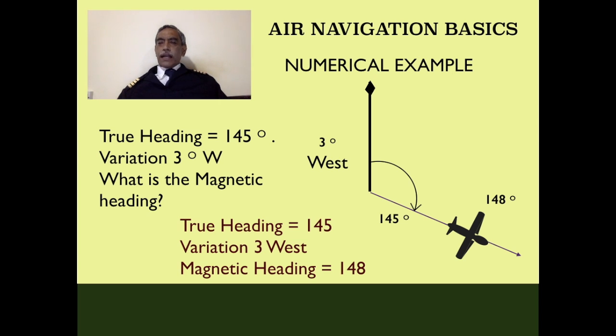Which is what I have drawn. Now if you are to measure the aircraft direction from the magnetic north, obviously it is very clear from this picture that it will be more than 145 by 3. That is, magnetic heading would measure 148 degrees. So both numerically and graphically it should be very clear to us as to how it makes sense.